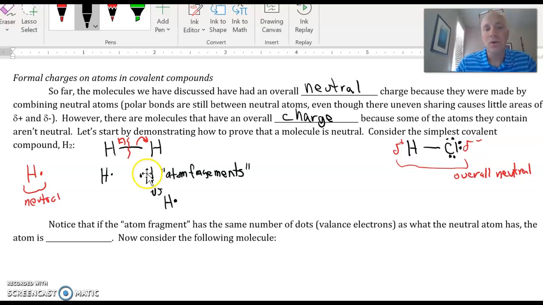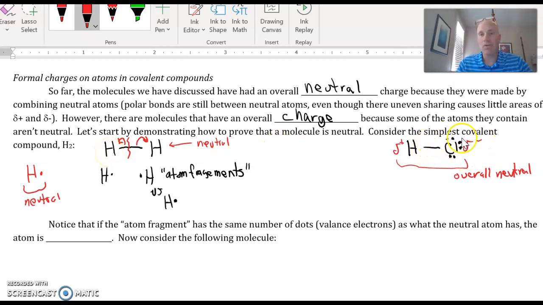By comparing these, we can say the fragment which came from this hydrogen has the same number of dots as what we know a neutral hydrogen should have. That proves that this hydrogen is neutral. And if we go through the same exercise with the other hydrogen, it would be exactly the same.